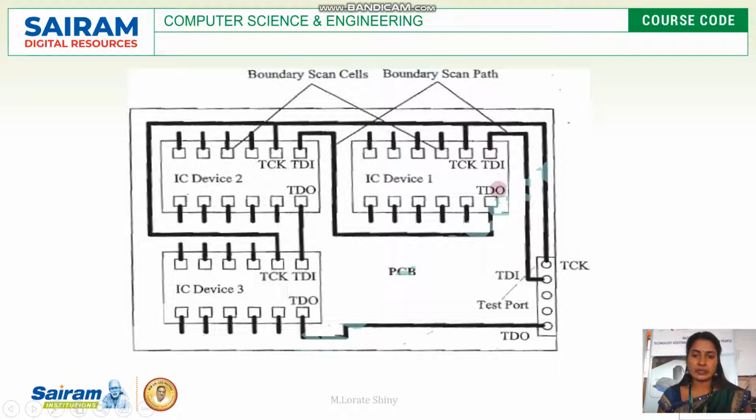Then in the same device we have TDO, test data output. The TDO pin is connected with the TDI pin of the second device. Then in device 2 we have TDO, which will be connected with the TDI pin of device 3. Then the last device's TDO pin will be connected with the PCB board's TDO pin.